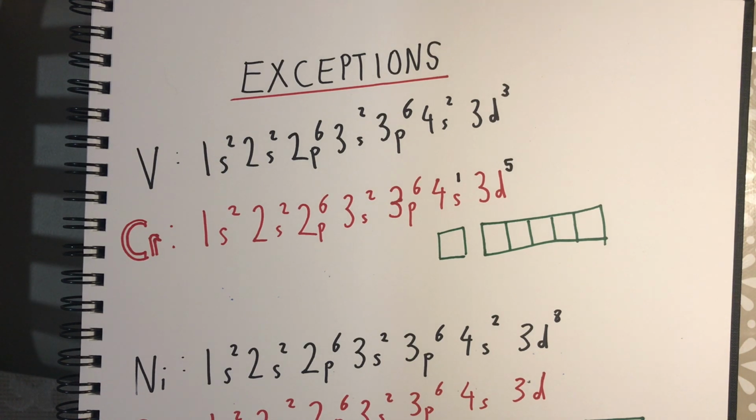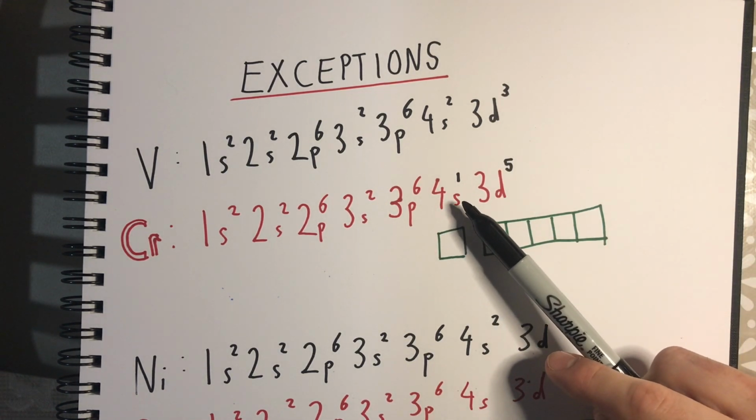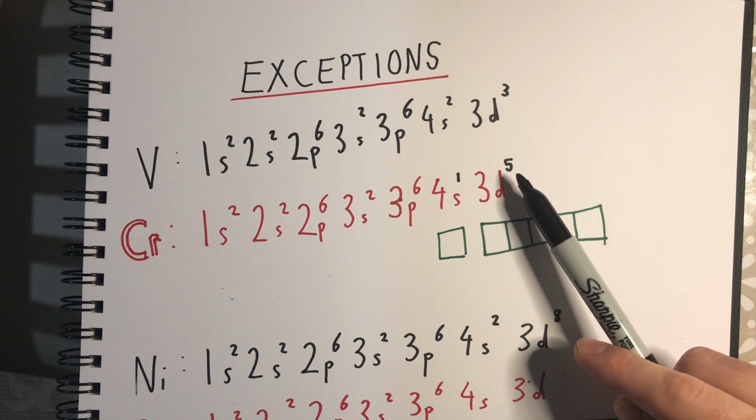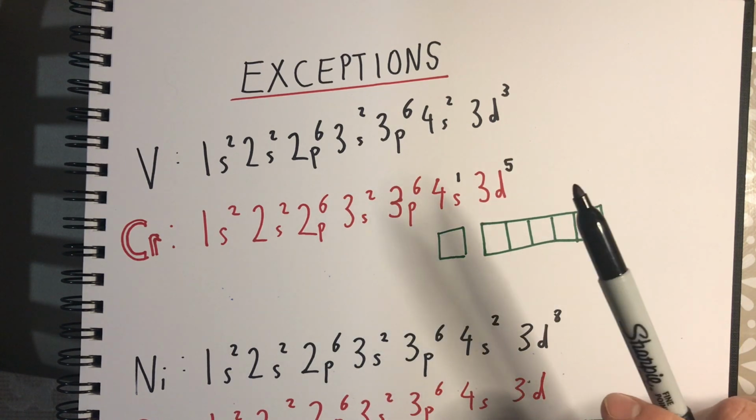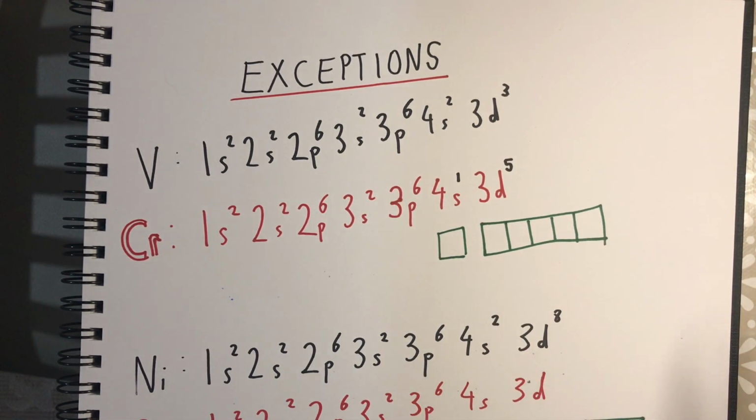So what's happened is one of the electrons from the 4s subshell has gone up into the 3d subshell. As I say, this is not the normal way it happens, but chromium is one of the exceptions. We get this exceptional result.